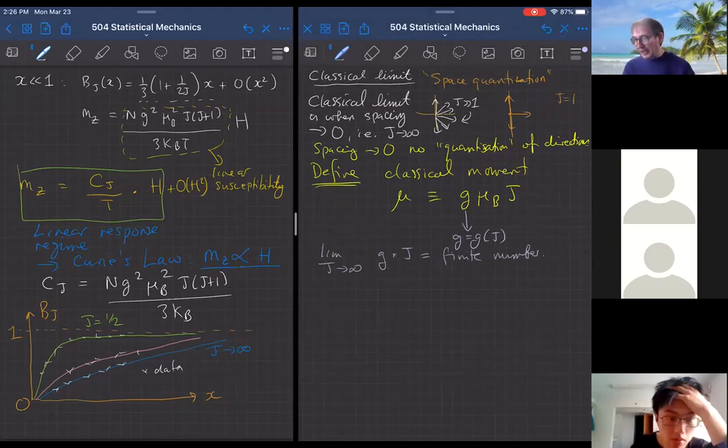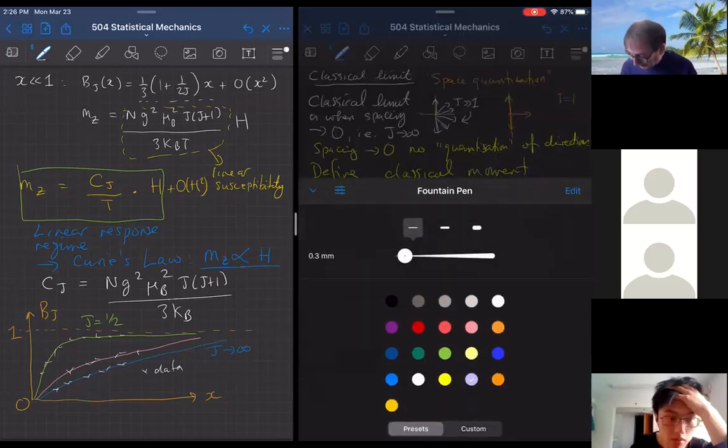And so that gives us the classical moment that I've drawn for you up here. So then what happens to the Brillouin function?